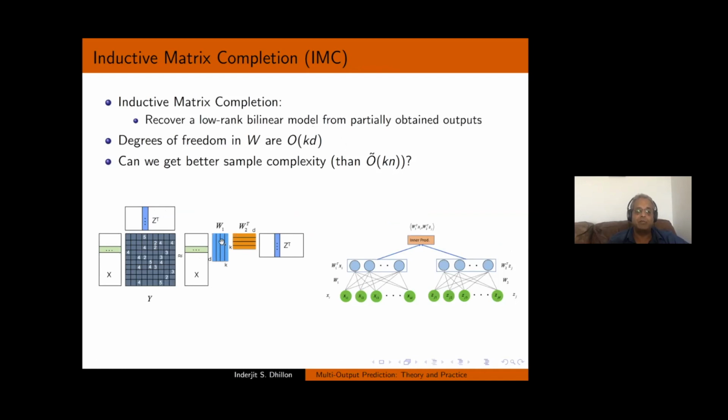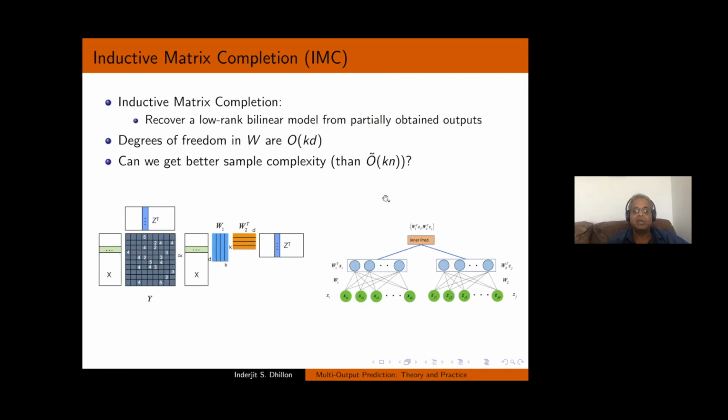So the coefficient matrix, the size of this coefficient matrix is d times k, and then because it's a low rank matrix, it's 2 times dk. So the degrees of freedom are order kd. So the question is, can we get better sample complexity than linear in n, which may be the number of users and or the number of movies?